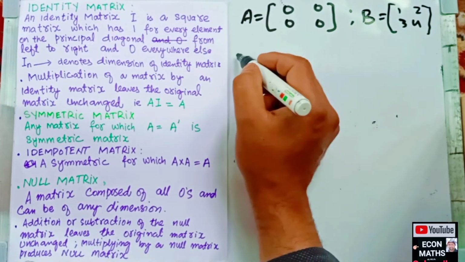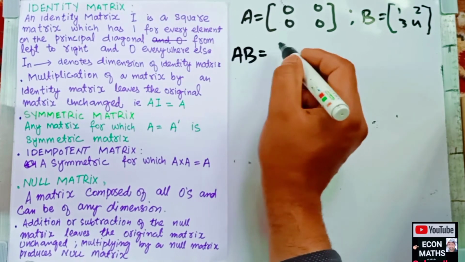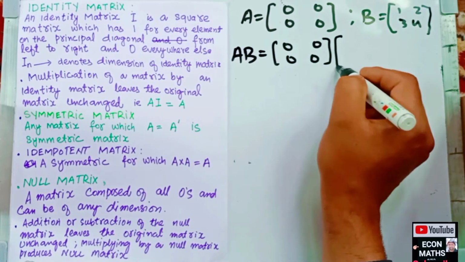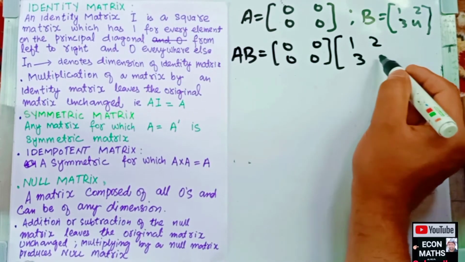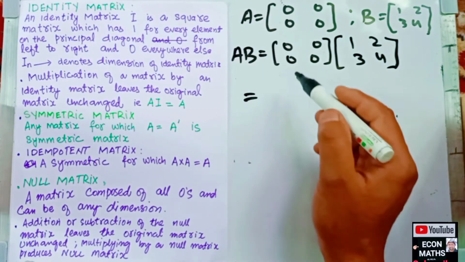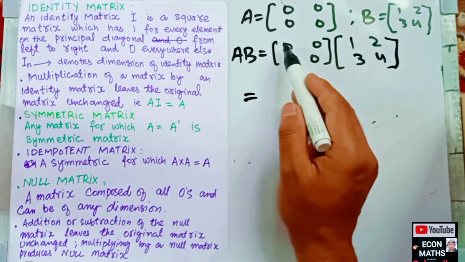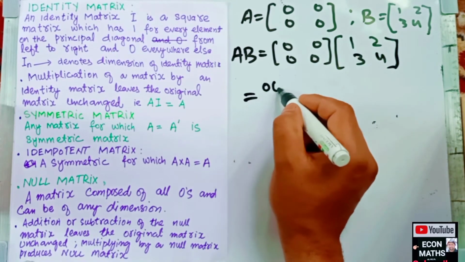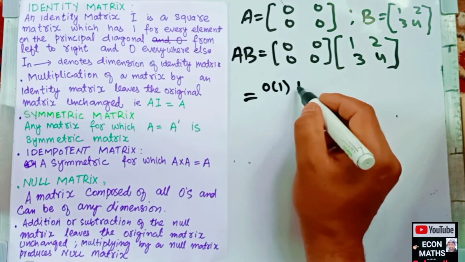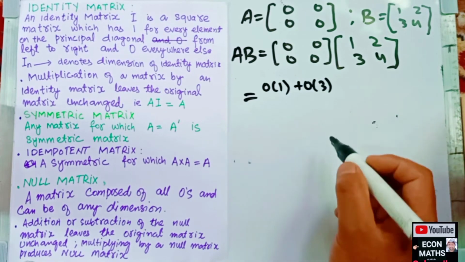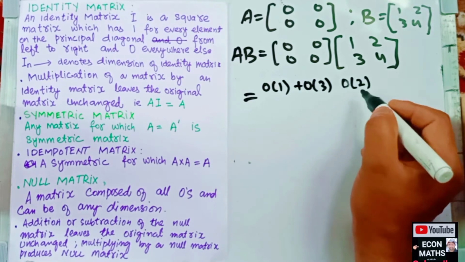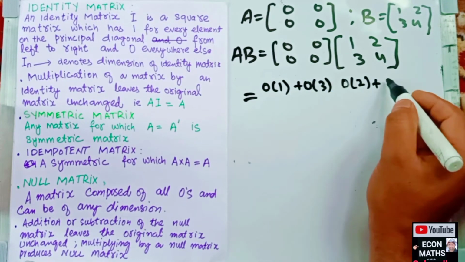Now if I multiply these two, AB, as we have seen in the rules of multiplication, first row, first column, that is 0 into 1 plus 0 into 3. Similarly, first row, second column, that is 0 into 2 plus 0 into 4.